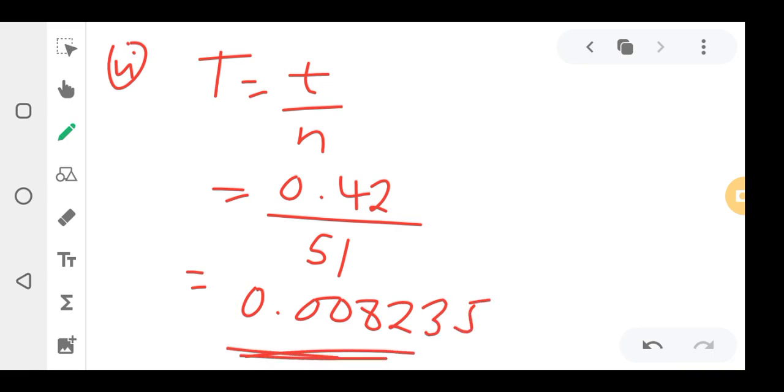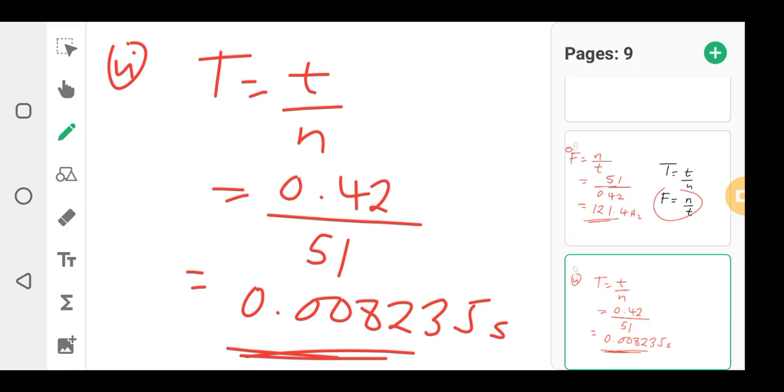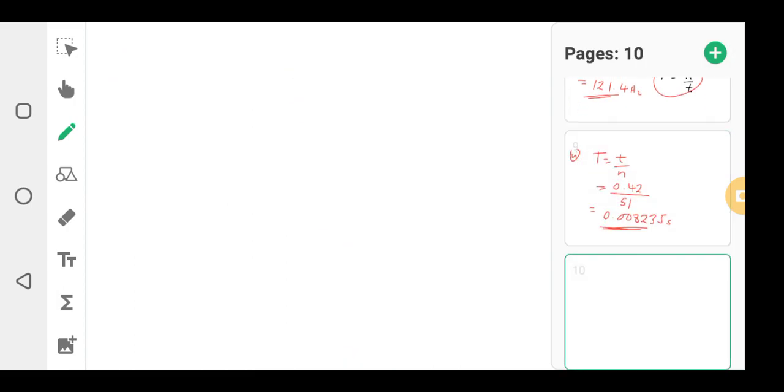You can round off to how many you want. Just put seconds at the end. This usually goes for all questions that you will be coming across.